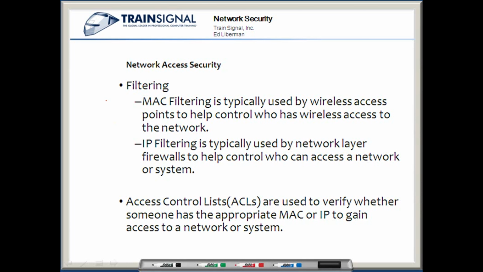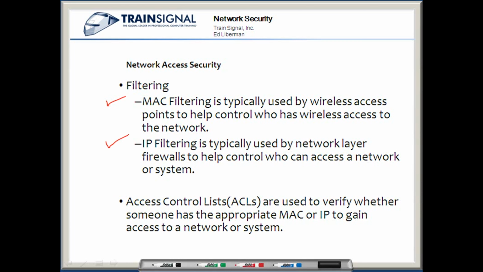We can either filter based upon the MAC address, the physical hardware address, and typically, where do we see this? We learned about this earlier in the course. We see this with wireless access. Our wireless access points, one of the ways that we can help protect the wireless network is by setting up MAC filtering. The other form of filtering that we have is IP filtering.